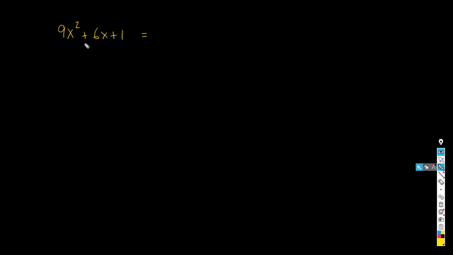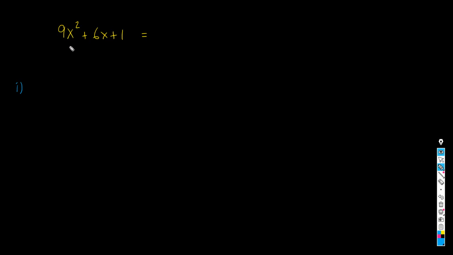The adjective perfect square trinomial is applied to only some trinomials, not all. So how can you make sure whether this is a perfect square trinomial so as to accept a factorization as a binomial to the square? You have to check two things.